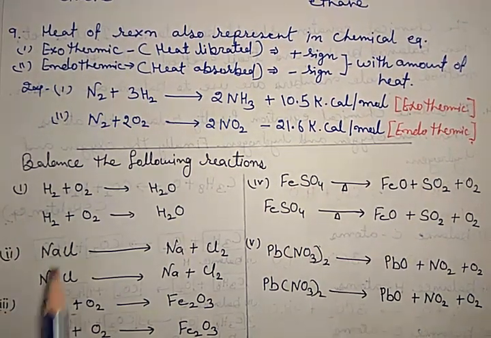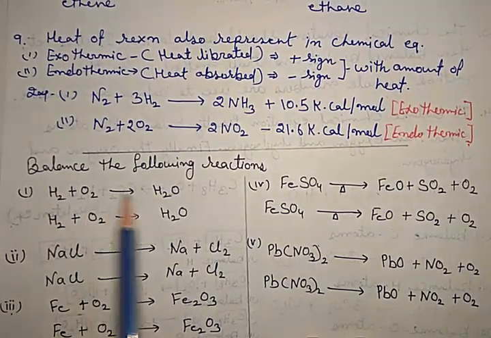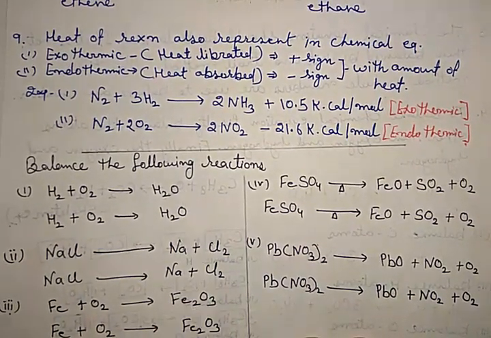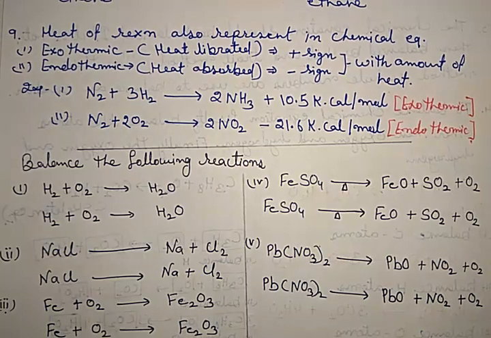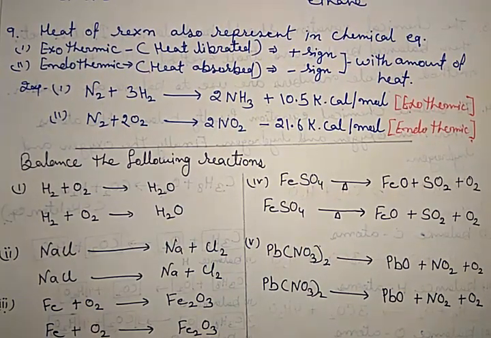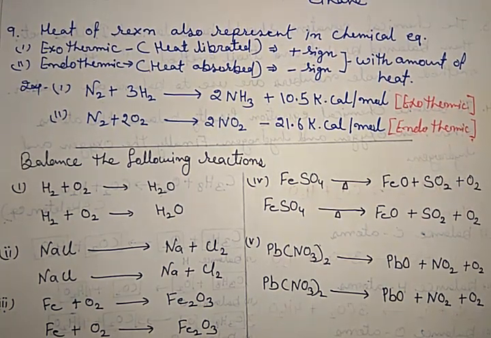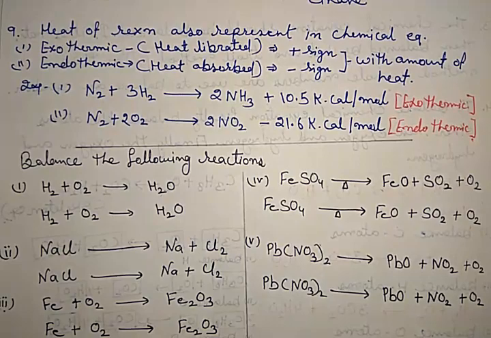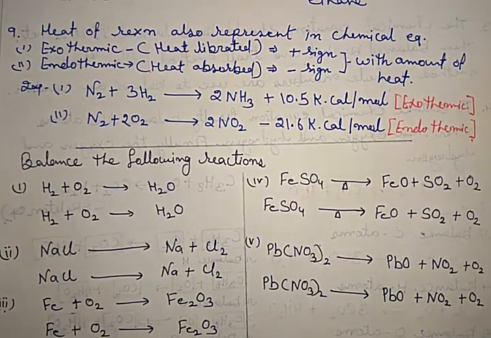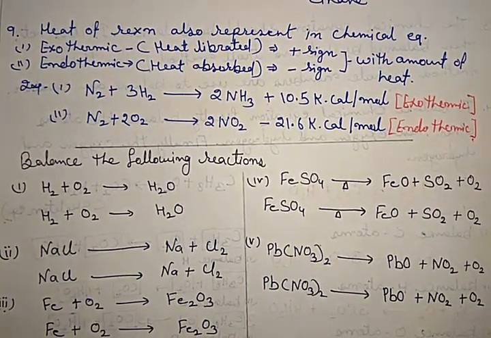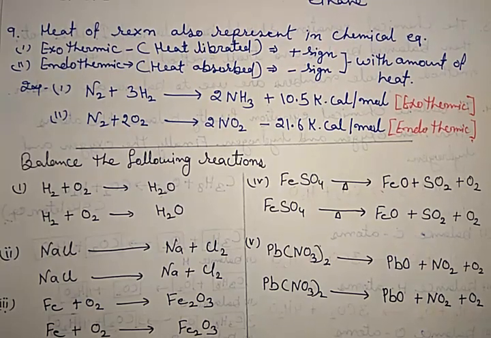Suppose for the first example, that is H2O2 gives H2O. It is an unbalanced equation. Now we have to balance this equation. How many hydrogen atoms are on the reactant side? That is 2.